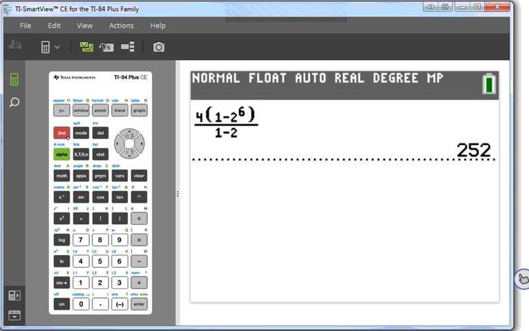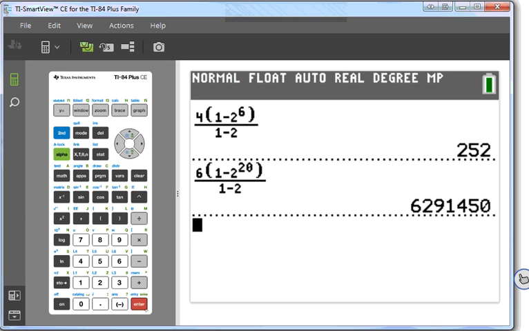So I'm just going to bring this back up, and I'm going to edit it. This becomes a 20, and this was a 6, right? Just get out there and enter. 6,291,450.